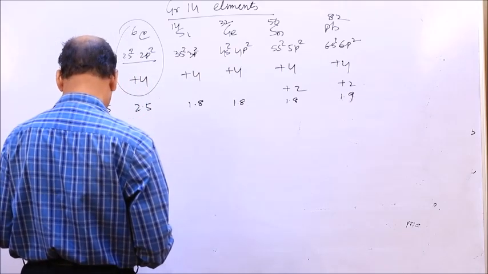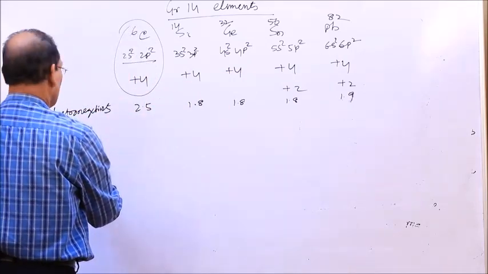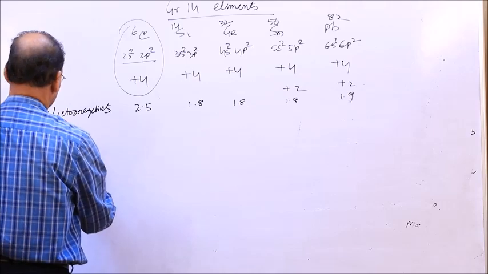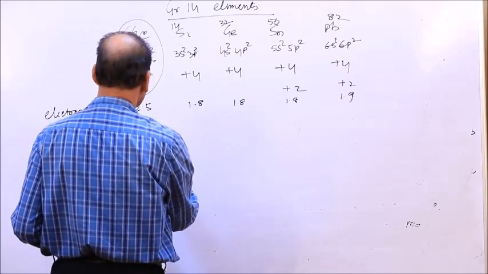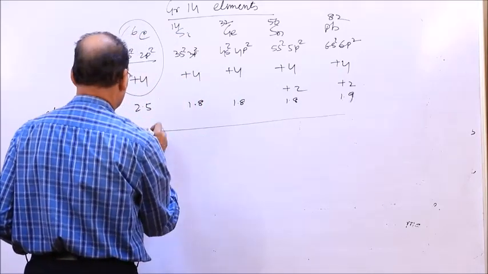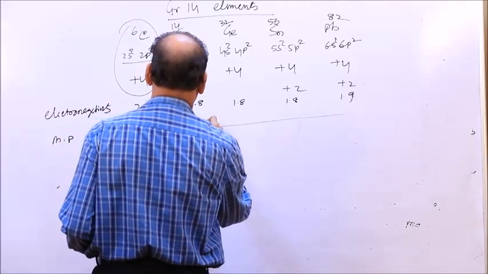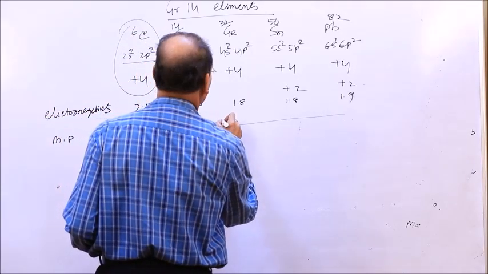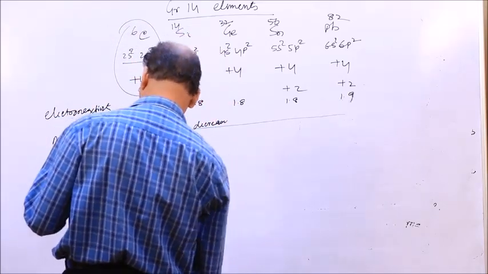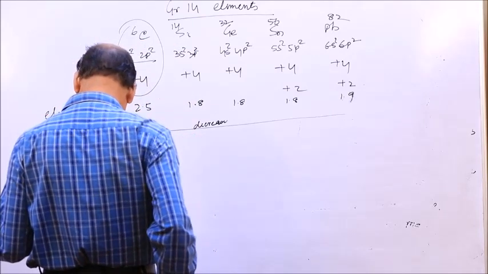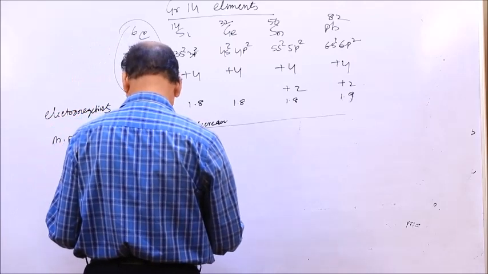Melting point decreases from carbon to lead, that means carbon has the maximum melting point and lead the lowest. Boiling point also decreases from silicon to lead.